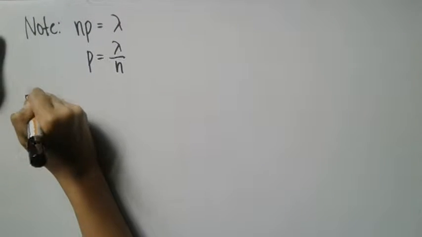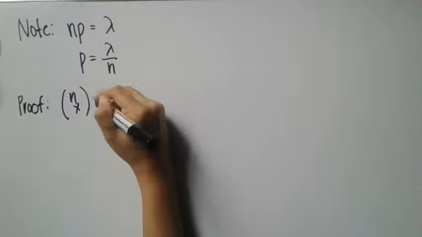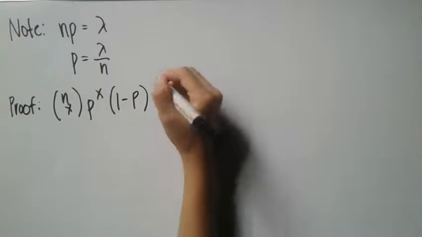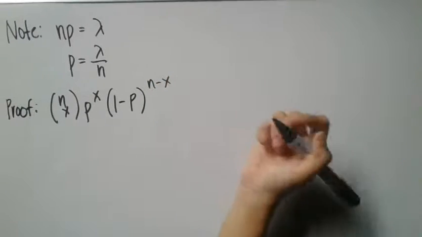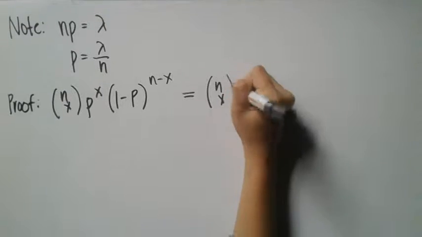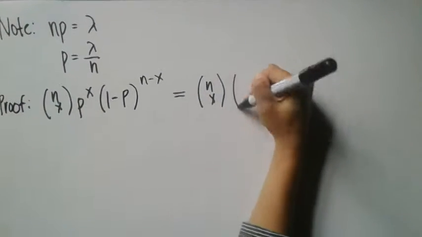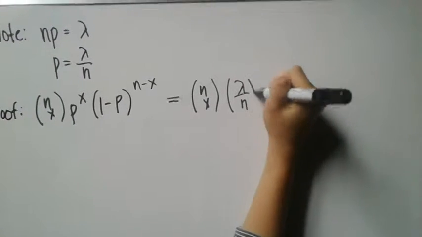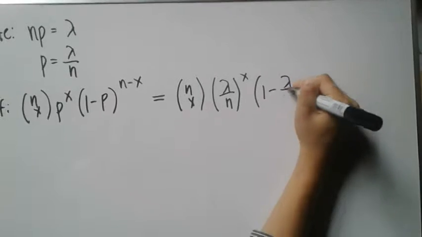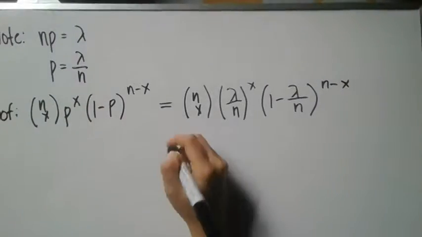For our proof, we have n choose x times p to the power of x times 1 minus p to the power of n minus x, which is just equal to n choose x. Since our p is just equal to lambda over n, we have lambda over n to the power of x times 1 minus lambda over n to the power of n minus x.